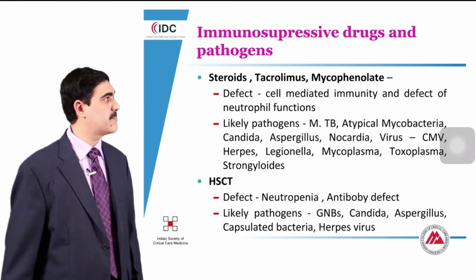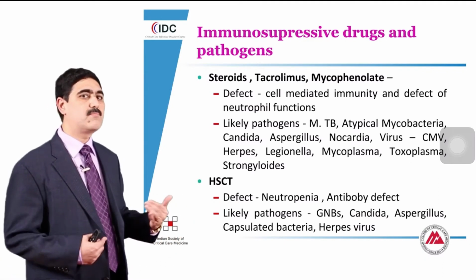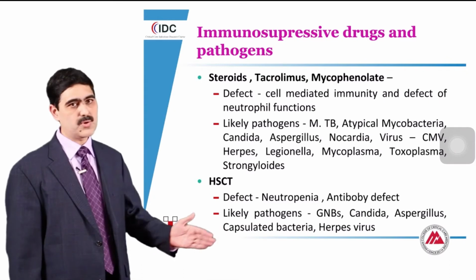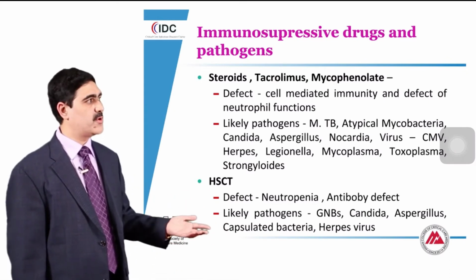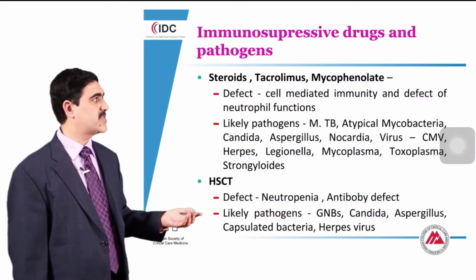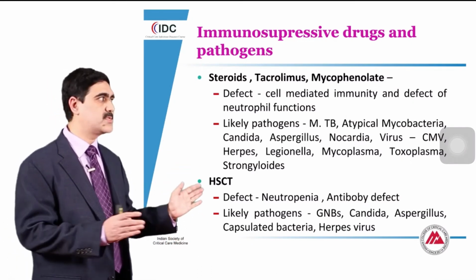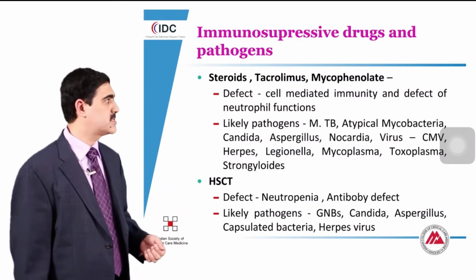Now, I often mentioned in several slides that drugs used to suppress immunity, the immunosuppressive drugs, could also be making the immunity lower, leading to more infections. And usually we think of certain infections associated with certain immunosuppressive drugs or while managing some transplant patients.